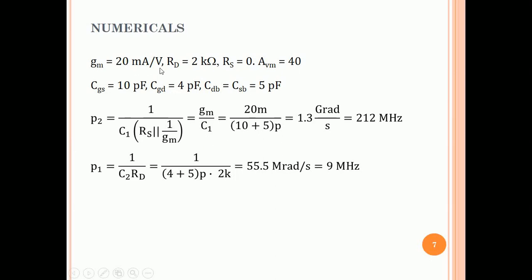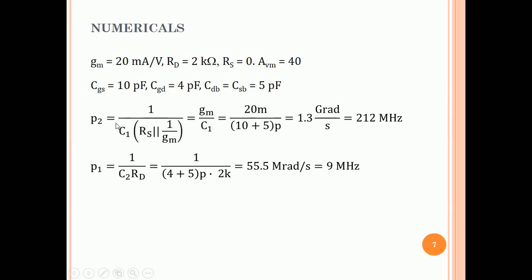So GM is 20 milliamp per volt, RD is 2 kilo. I have put RS as 0 just to do an idealistic comparison. So the voltage gain is 20, which is the same as for a common source stage, and the capacitances are 10 pico, 4 pico, 5 pico. With that, the poles come out.